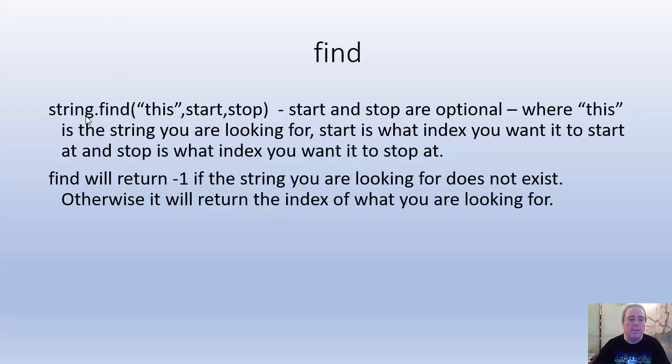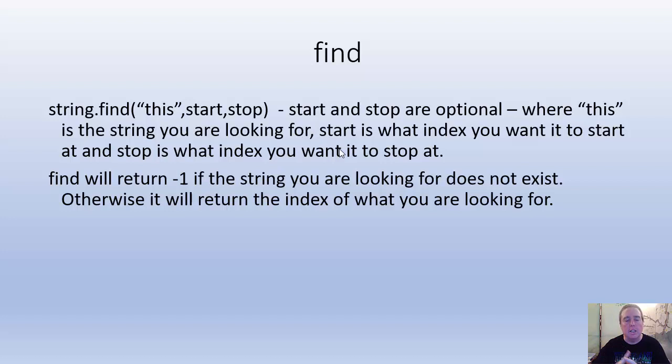Here we have the string with the find method. Not command, but actually the method. The find is the method of string. And we're going to find whatever string, starting at a certain position, stopping at a certain position. You can leave this off if you're going to just go from the beginning to the end. Now, it will return the index.